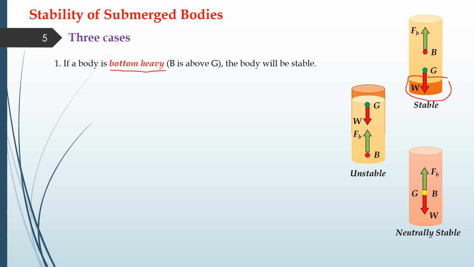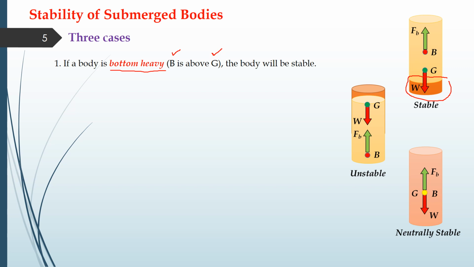So in the case of a bottom heavy body, B will always be above G. Basically, B is the point of action of the buoyant force, and G is the point of action of your weight, or you can say it is the point where the whole weight is acting. So if B is above G, this is your case for a bottom heavy body.